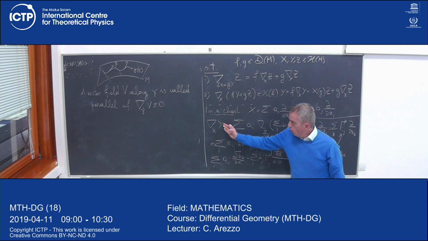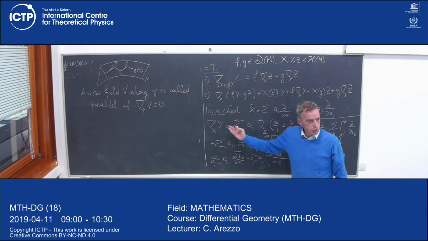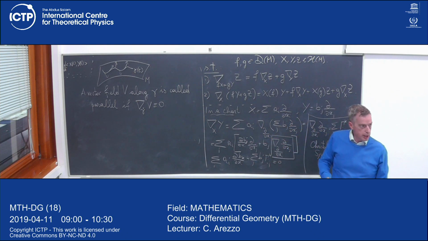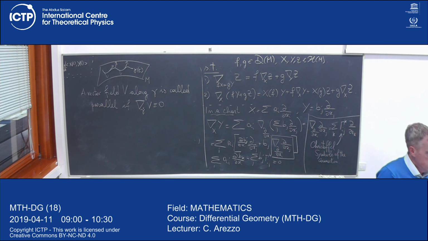This would be Y is constant, because I'm saying nabla XY is equal to 0. You might say a vector field will be constant, whatever that means, if and only if, written down in a system of charts, the components are constants. That would be an obvious guess, a very naive but obvious guess. And then you write it down and see that it has nothing to do with it.